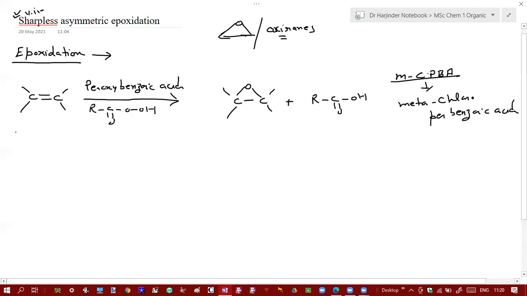And if you look at the mechanism of this reaction, addition of this oxygen takes place across this double bond.